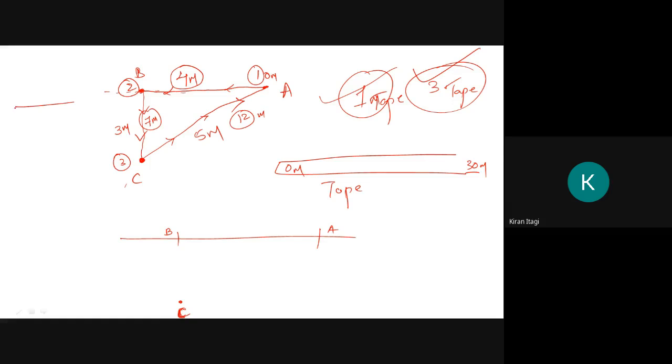From here it is 0. The person at this end should see the reading as 4 meter, the person at the next end should see 7 meter, and at this point you should see 12 meter. If all the measurements are satisfied, then we can say C is offset perpendicularly. This is how we do a perpendicular offset.